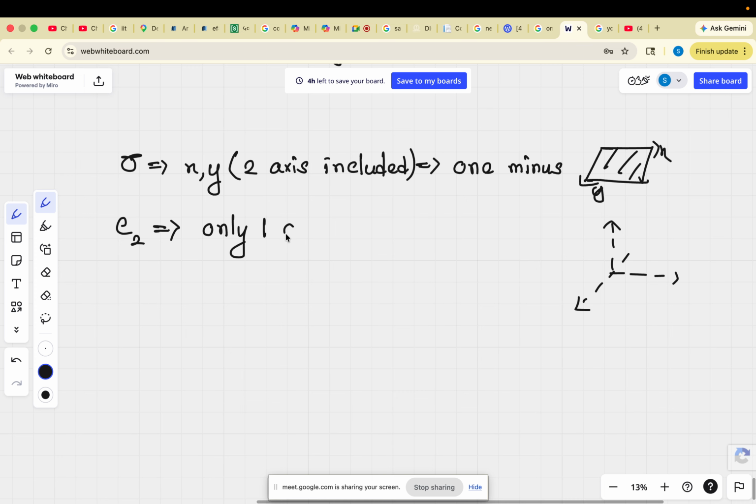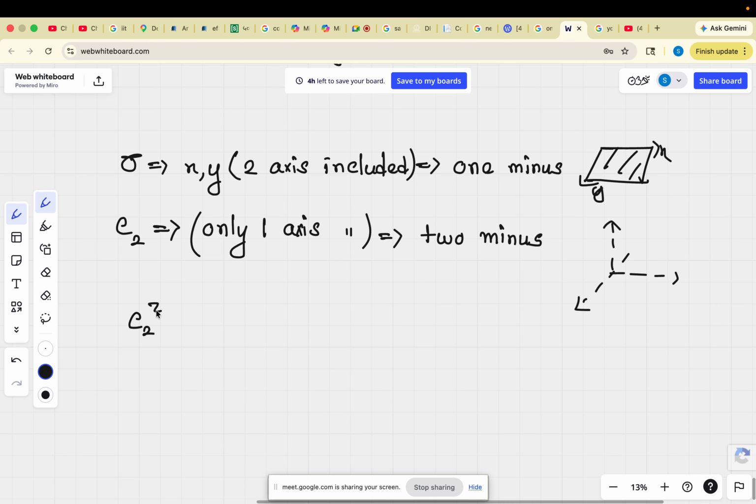So here only one axis is included, and if you are including only one axis, you will get 2 minus. So if you have sigma xy, two axes are included and you get 1 minus. If you have a C2 axis, one axis is included and you get 2 minus. That you have to remember, otherwise the rest of the thing you can do easily.